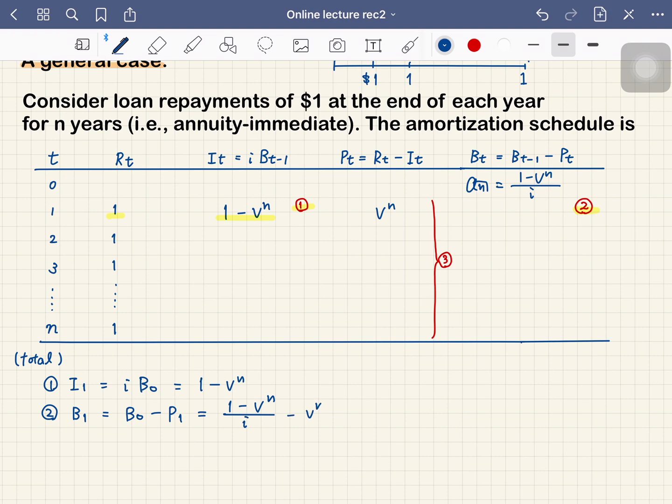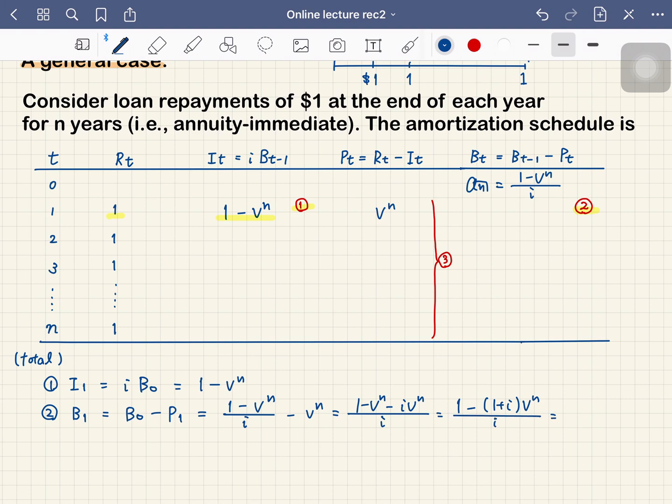P1 is v to the power n. That is (1 minus v^n minus i v^n) over i. That is (1 minus (1 plus i) v^n) over i.